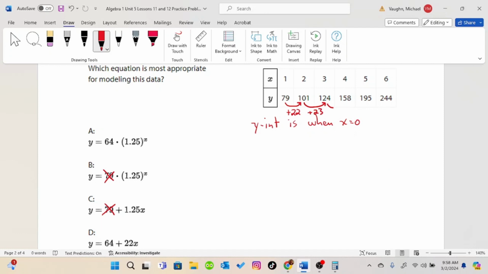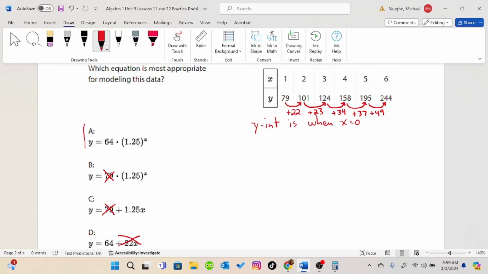To go from 124 to 158, you add 34. To go from 158 to 195, you add 37. And to go from 195 to 244, you add 49. So we can see that we are not adding 22 every time, so the answer cannot be D.